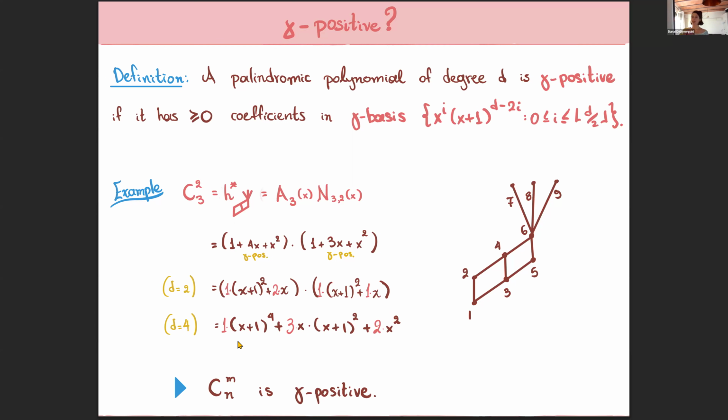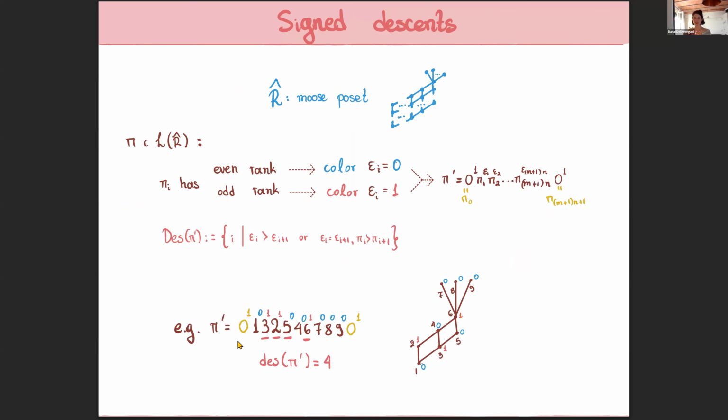To do that, I just need to think about a slight variation of descents. This is signed permutations in a sense. So remember, let's denote by r hat my Moose poset from before. I take a permutation in there, a linear extension, and I want to give the ith entry color 0 if it comes from an even height of my poset.